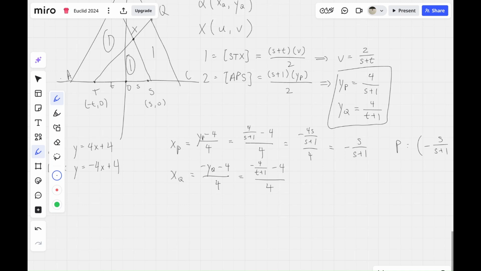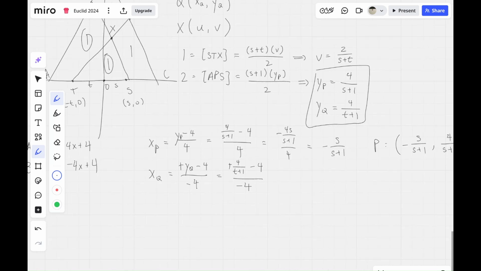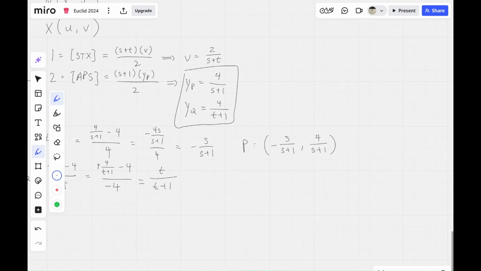No, wait, these should be positive signs, over negative 4. In the end, we get that Q turns out to be, sorry, not 4, t over t plus 1. So we get the coordinates of Q to be (t over t plus 1, 4 over t plus 1).